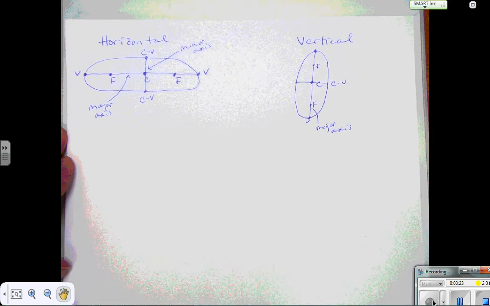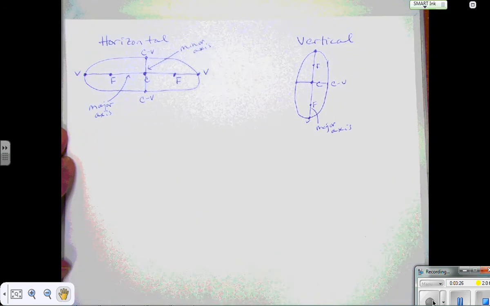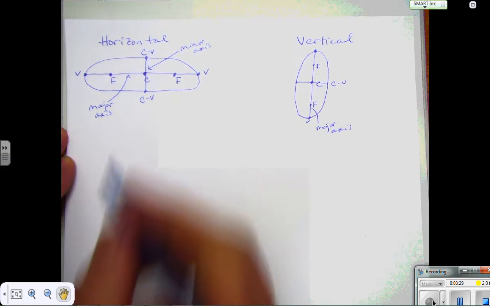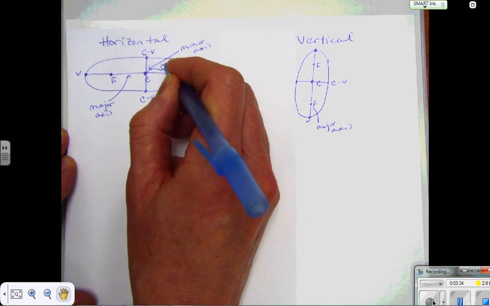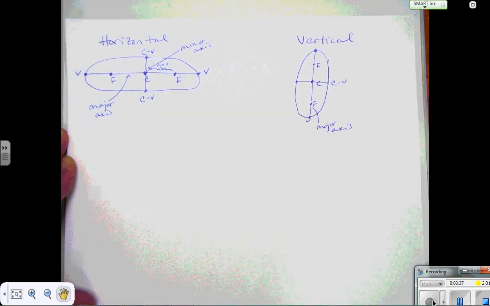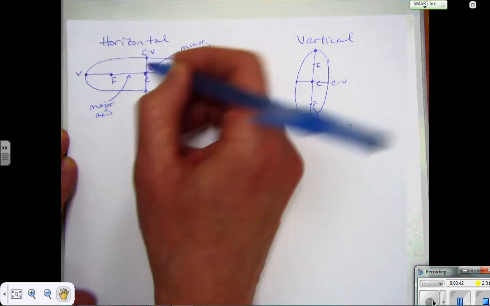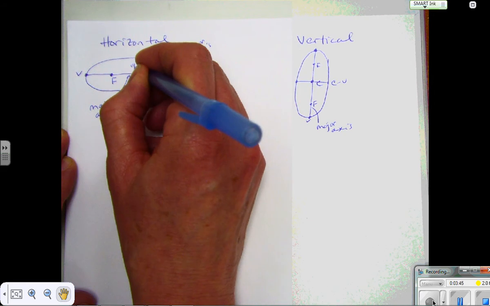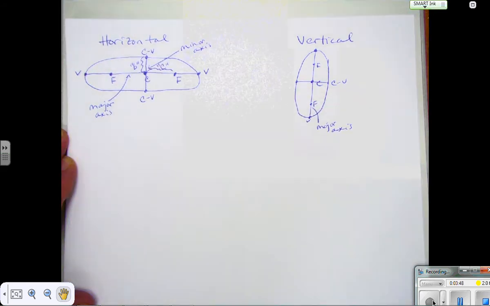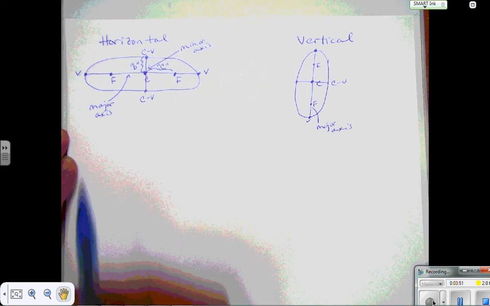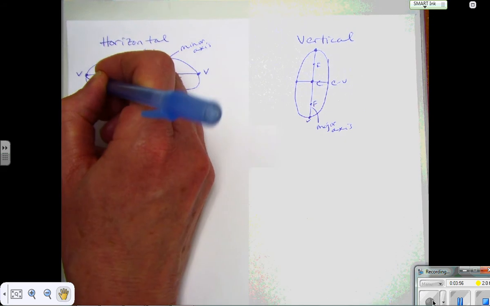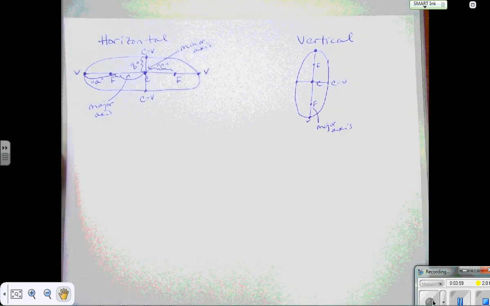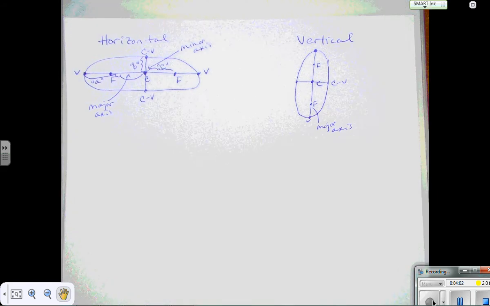Any questions so far? So there are all kinds of lengths associated with these different parts. From the center to a focus point, that length is C. They call it C. From a co-vertex to the center, that length is called B. And then from the center to a vertex point, that length is A. And all of those lengths are related.